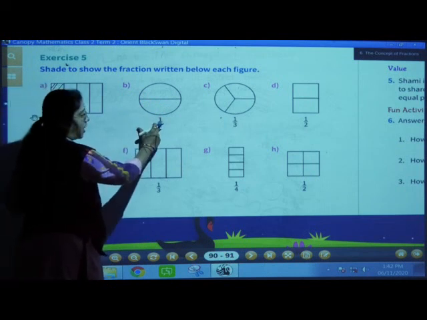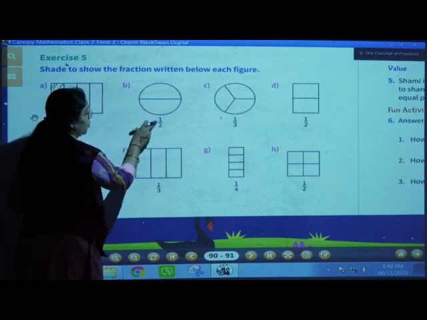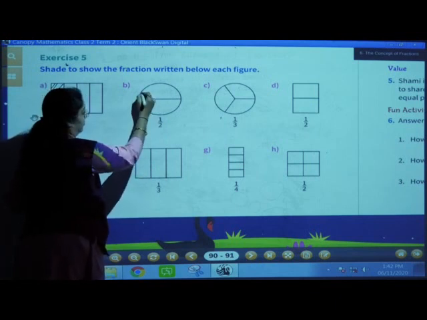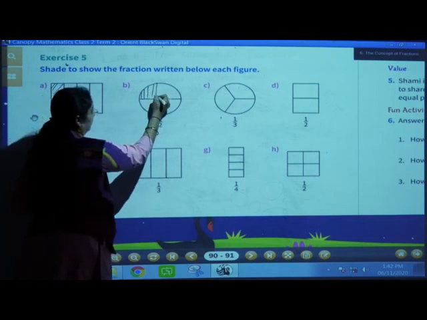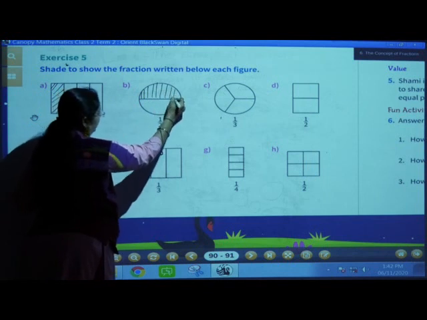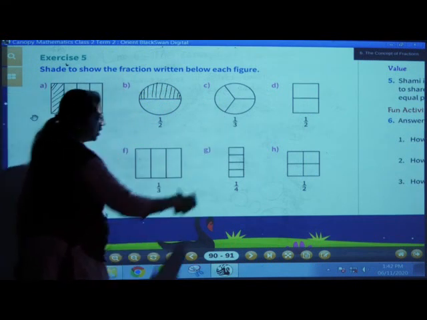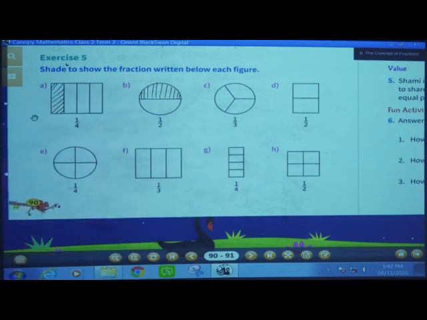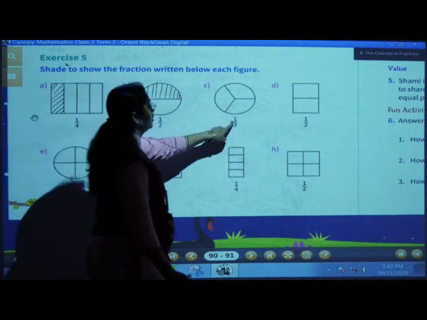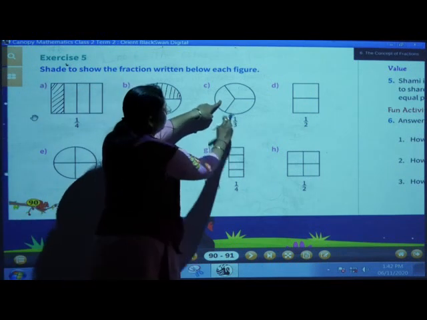Now half, equal parts 2. How many parts do we have to shade? 1, because 1 is here. Okay. C number, 1/3 means equal parts 3, and we have to shade one part.